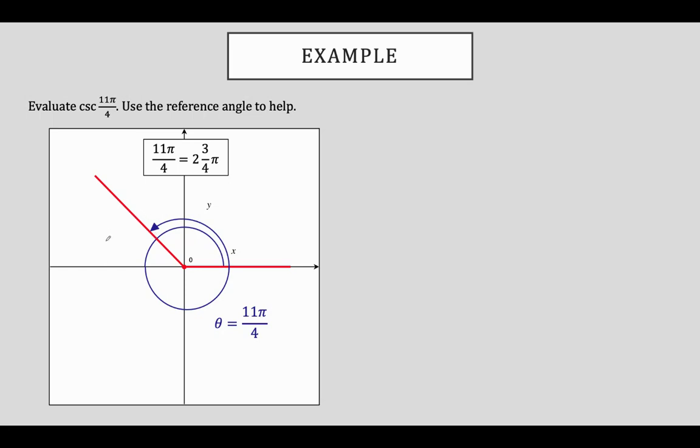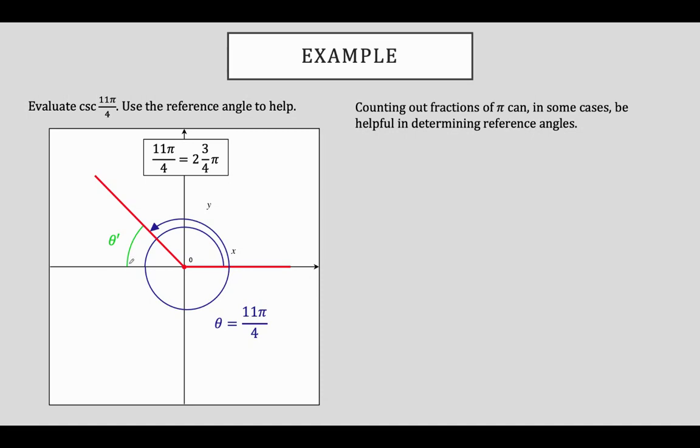Now let's identify the reference angle theta prime. Reference angle is the angle between our terminal side of theta and the closest x-axis. Remember, it has to be an acute angle. So there we have the angle theta prime. Now, to find theta prime, what we can do in this case is simply count out fractions of pi. Notice, how much farther would we have to travel to get to 3 pi?